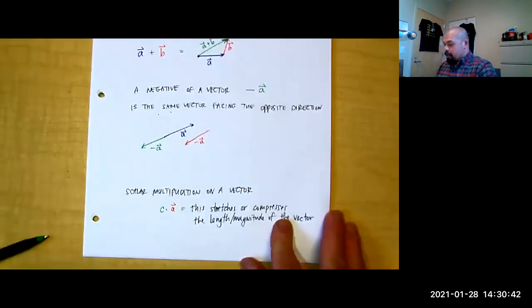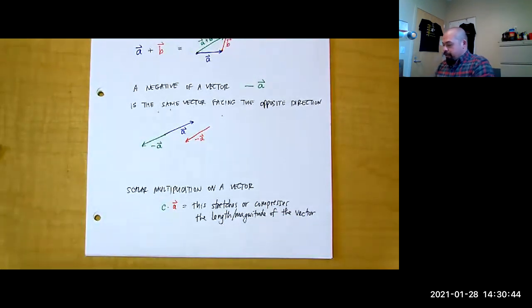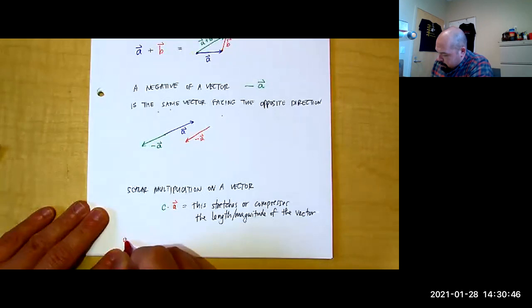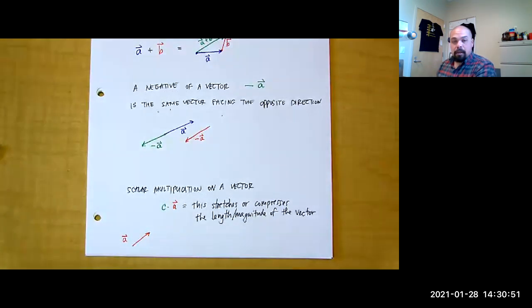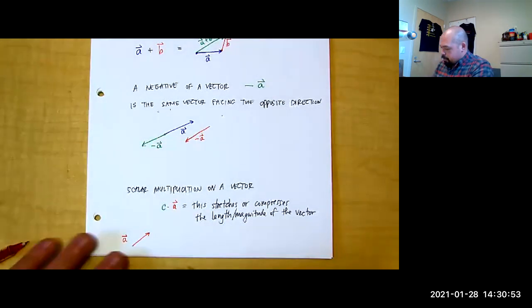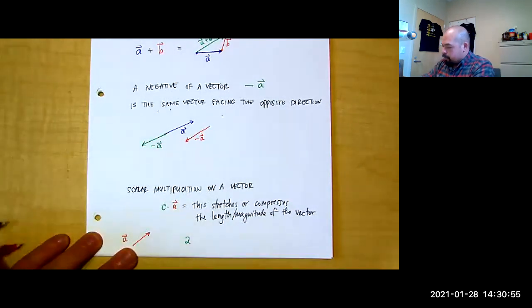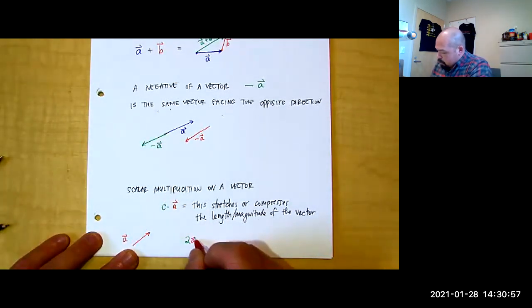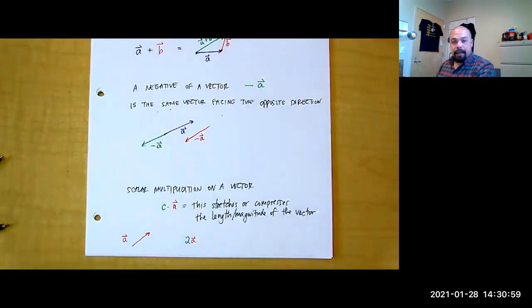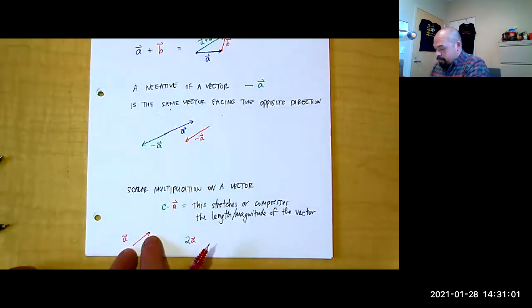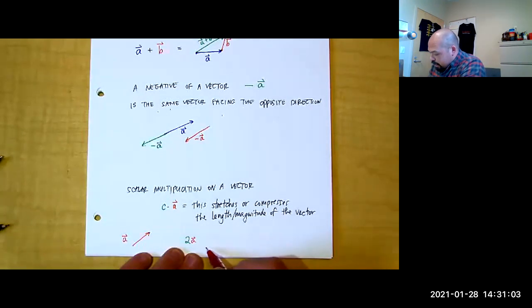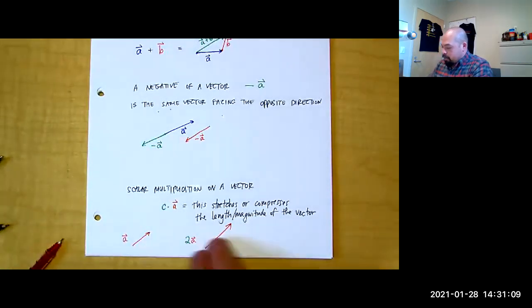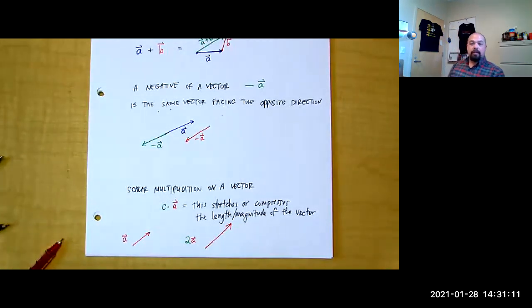And so, like we mentioned, if that vector A looks like so, if we had twice that, 2A, then it's going to take that original vector A, the direction is staying the same, but now we're going to actually elongate, we're going to stretch, double that length.